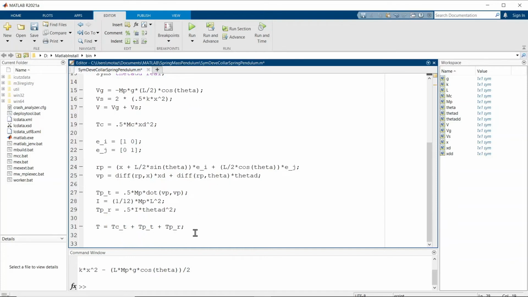So I think that will define the kinetic energy. And then let's simplify it and see what we get for kinetic and potential energy of the system. Let's remove this colon and run it.